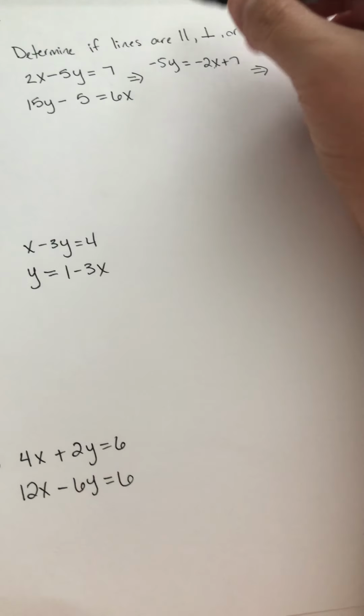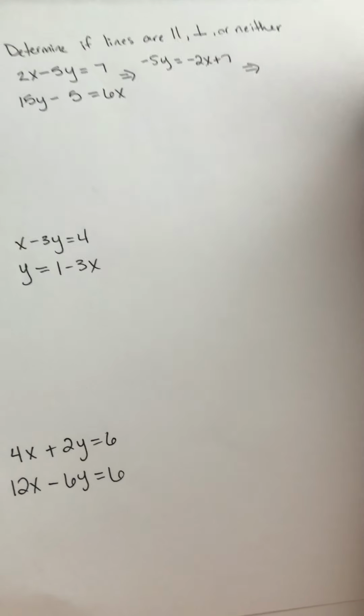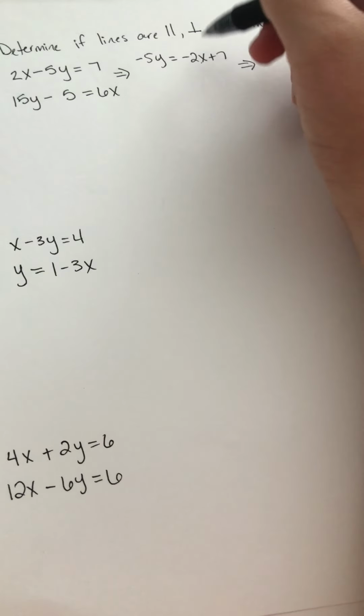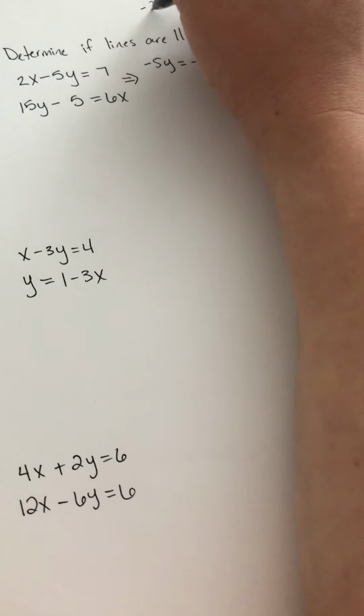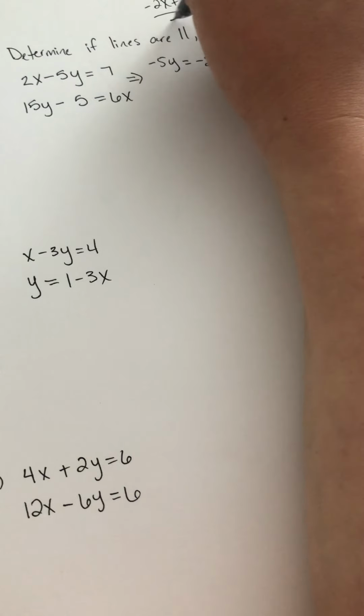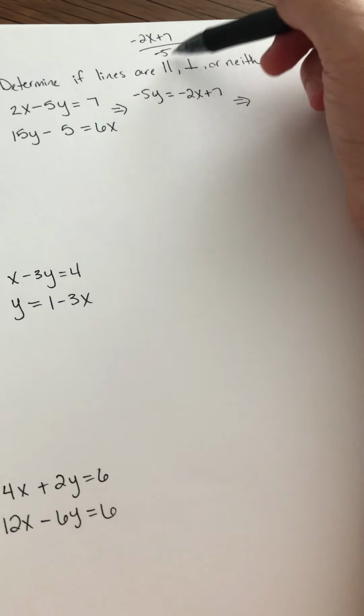When you do that, you have to make sure you divide this piece by negative 5 and this piece by negative 5. Some people would probably write negative 2x plus 7 divided by negative 5, which is fine, but we want the slope and the y-intercept.